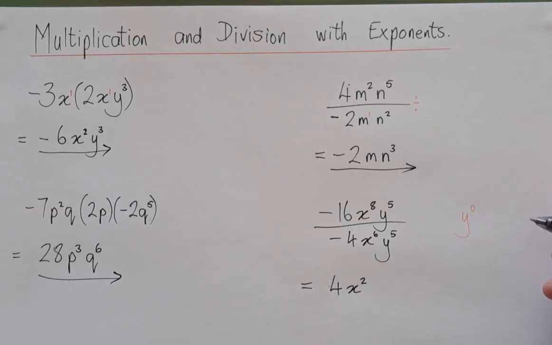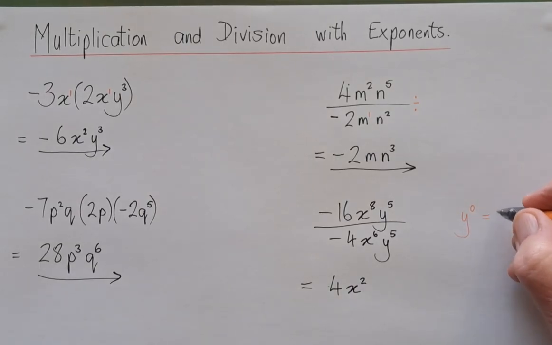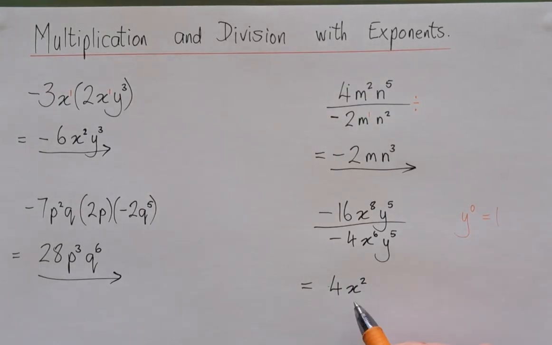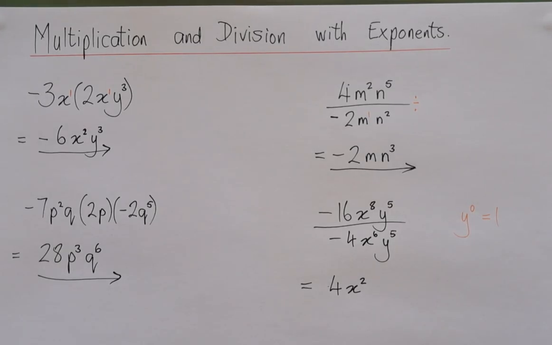And if you remember that exponential rule, it says that anything to the power of 0 is 1. So in my answer here, it would actually mean 4x squared times 1. Well, when we multiply anything by 1, it remains the same. So we don't need to write a times 1 in. It won't change the value.